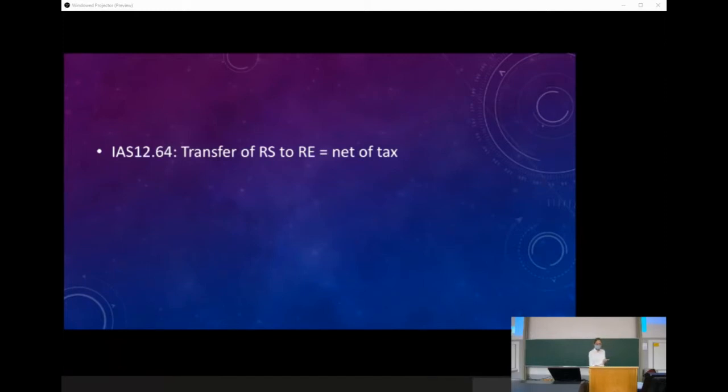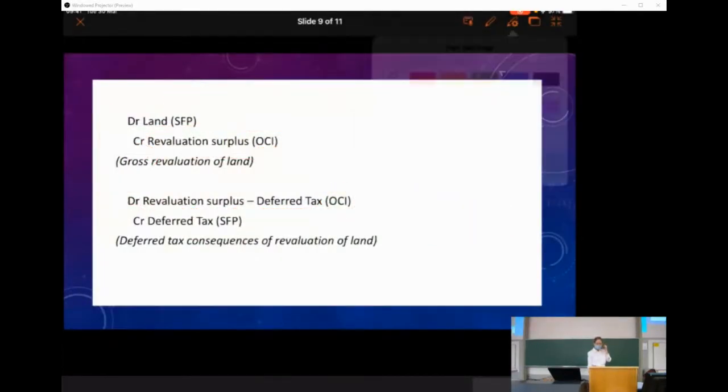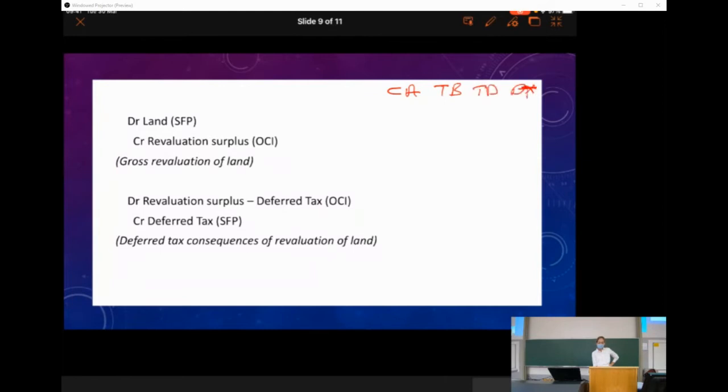Good. So if you just go back to the journal, remember when we did our deferred tax calc, I told you that we do that calc: temporary differences, deferred tax. We put in all our assets and liabilities, all their tax bases, calculate the temporary differences, calculate the deferred tax, and then we calculate a total.